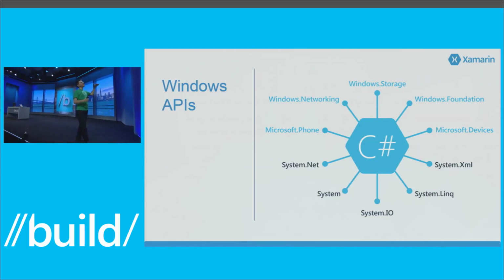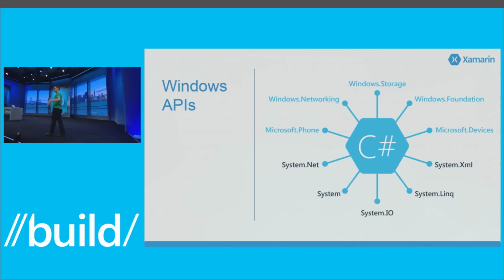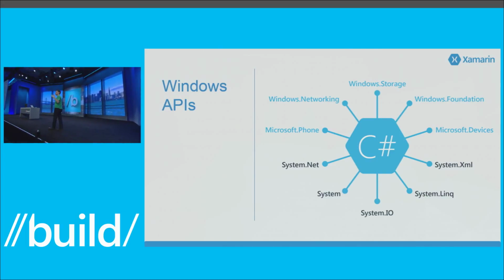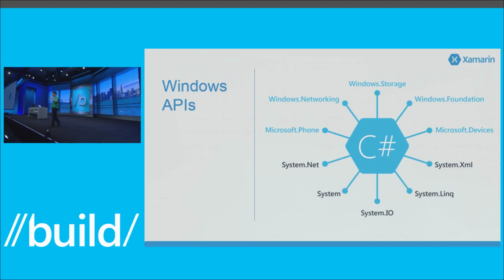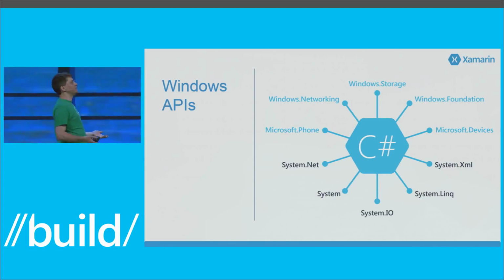Then you have the APIs that are specific to the platform. Of course, this list is not comprehensive; it's for illustration purposes. You use specific APIs for each of these platforms, so Windows Foundation, Windows Storage, and so on. You started with .NET, and when Microsoft launched Windows Phone, there were all these new APIs you had to use for the phone. We did the exact same thing.